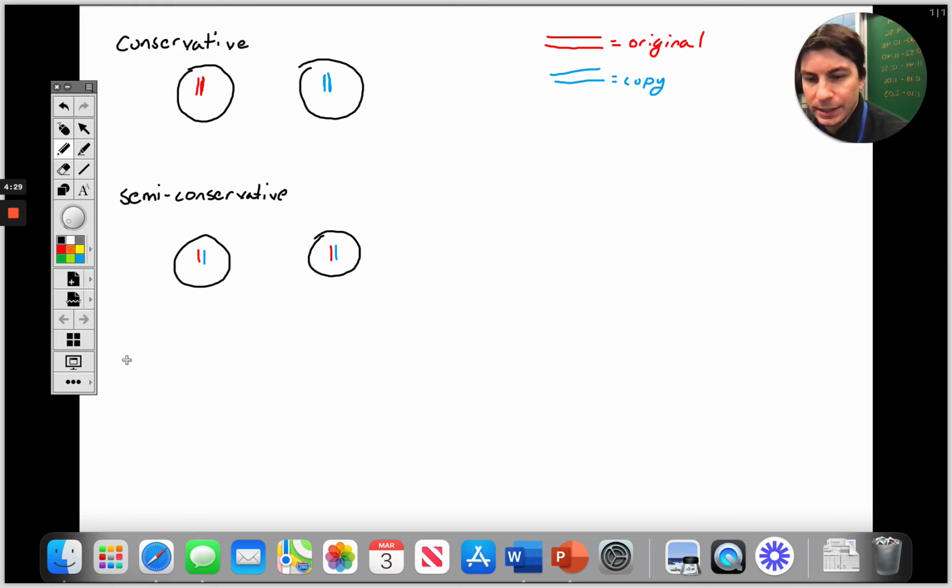And then lastly, we have our dispersive model. Okay, in our dispersive model, guys, everything is literally everywhere.